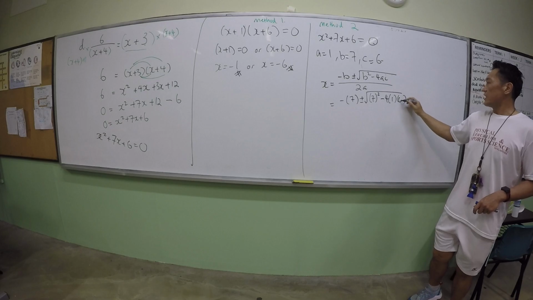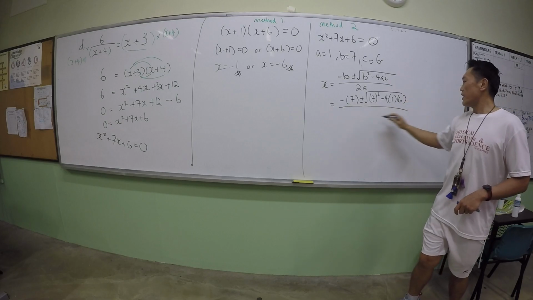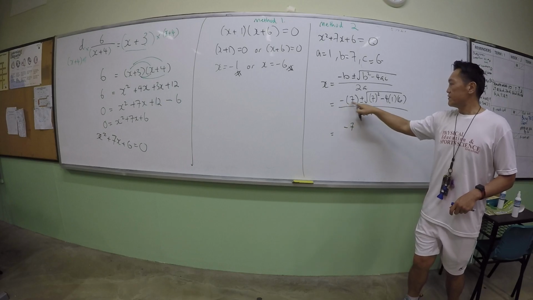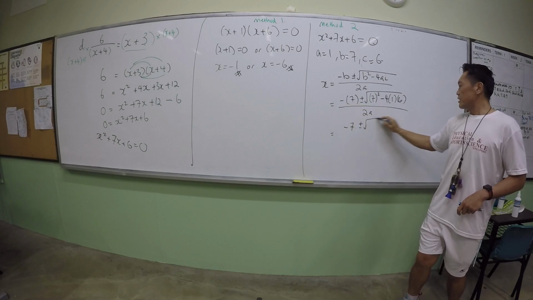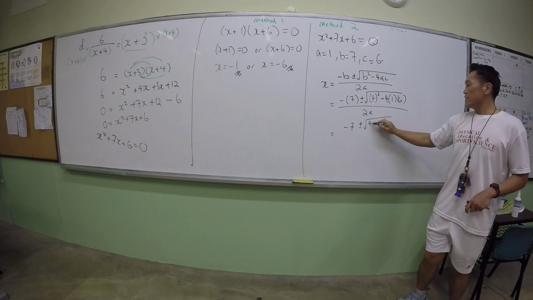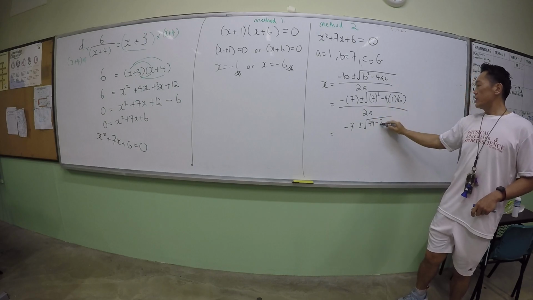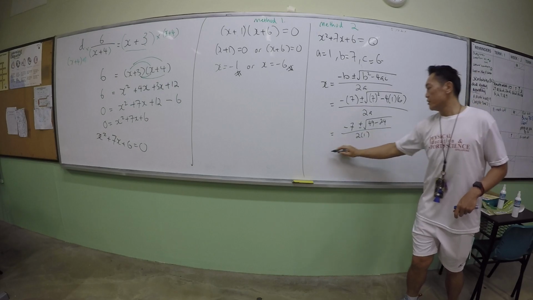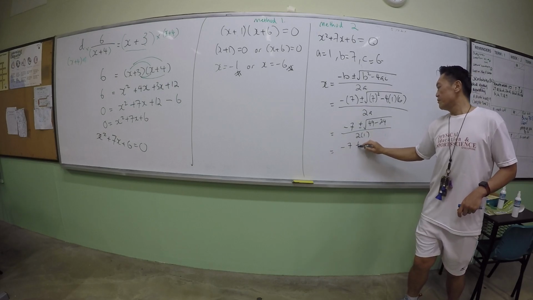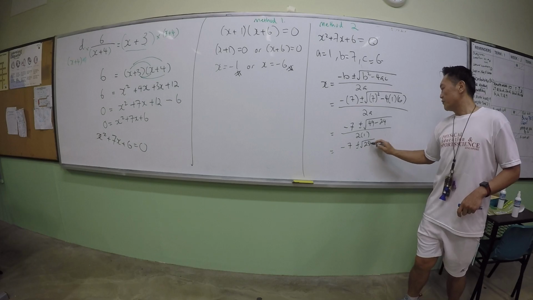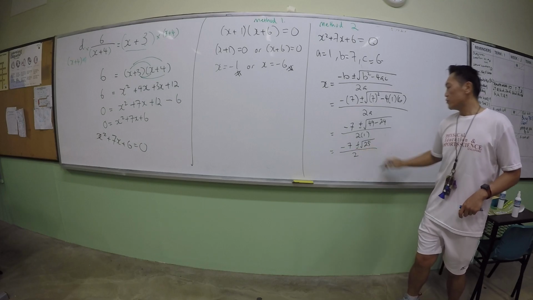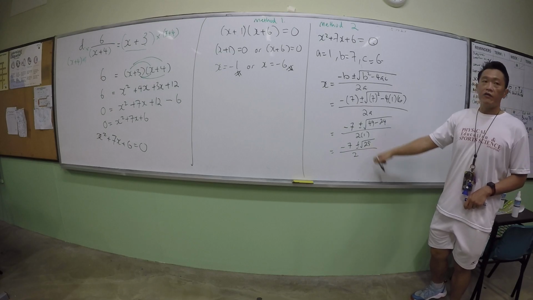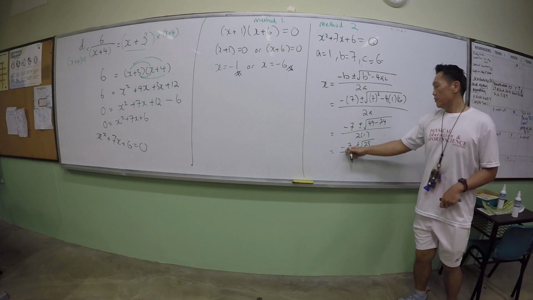C is 6. Divided by 2a. Negative 7 plus minus 49 minus 24 over 2 bracket 1. Negative 7 plus minus square root of 25 over 2. Okay? Square root of 25 is 5, minus.